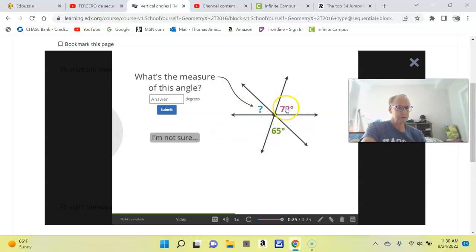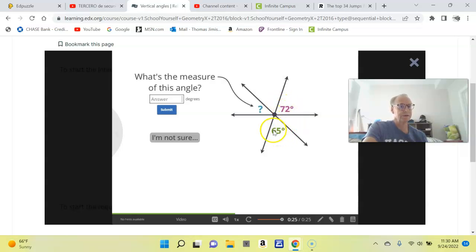This 72 could be moved to here because these are vertical angles. 72 would be down in this area. So 65 and 72 plus your new angle makes 180. And if we add them all up, you'll get it. Another way to look at it is that you can say, okay, we've got 72 here and 65 here.